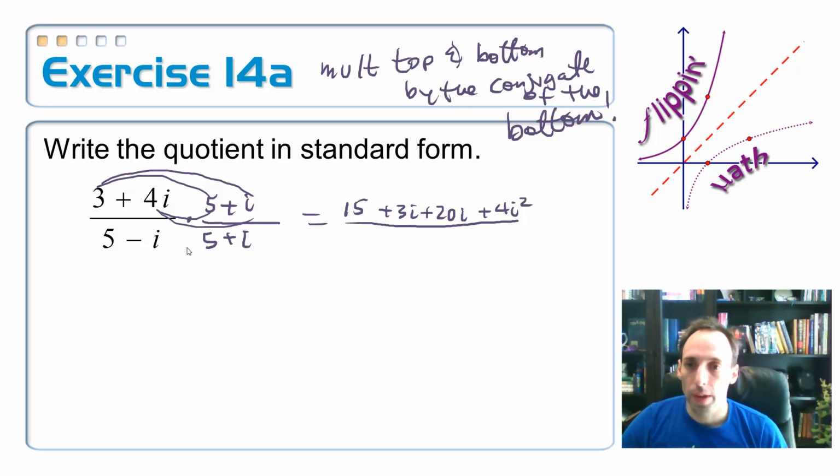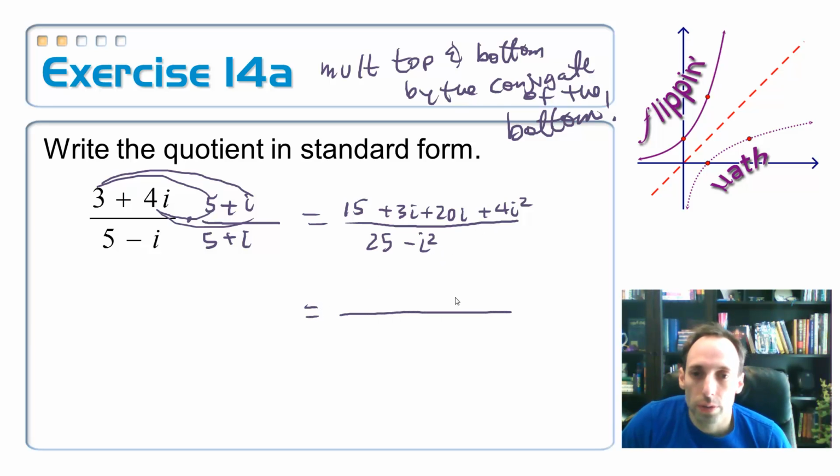And on the bottom, difference of two squares, it's going to be 5 squared, which is 25, minus i squared. I always like to do the bottom first because it's easier and it's faster. So this is just negative 1, so minus a negative 1 makes it plus 1, 26 on the bottom, easy enough.